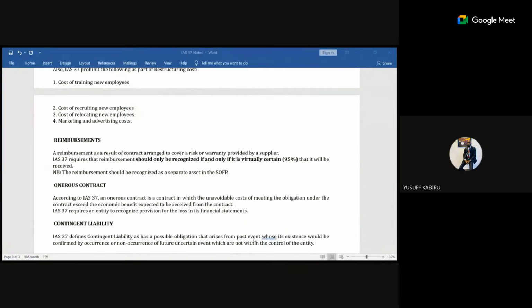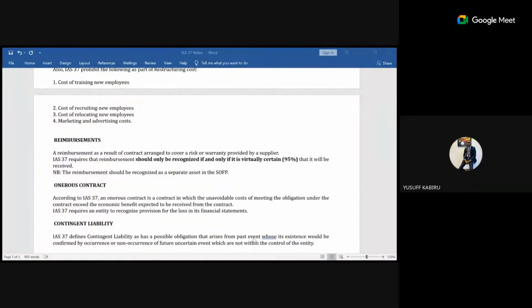Let me quickly explain it before we move to contingent liability. Let's use the simple illustration that I used. I said we receive 100 million to carry out a contract. Then we discover that we are going to pay 120 million to execute the contract. How much is the loss? 20 million, right?